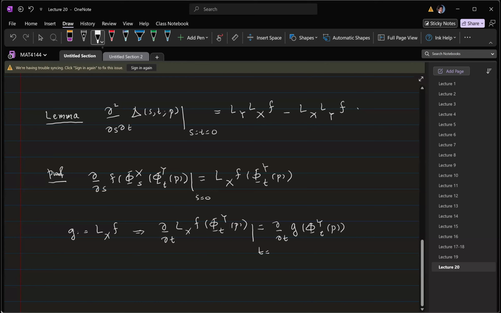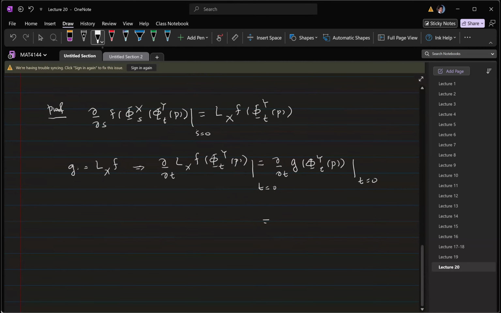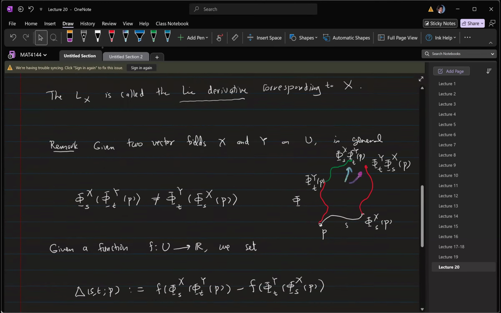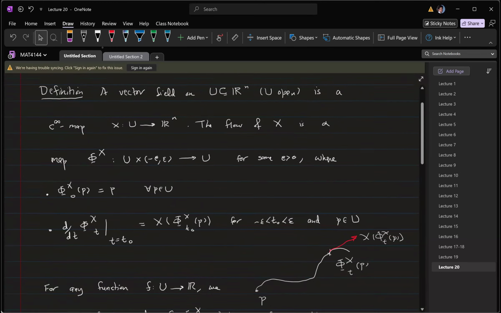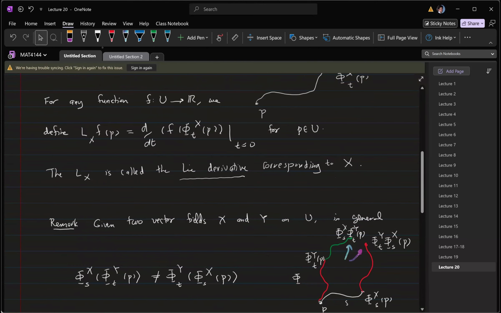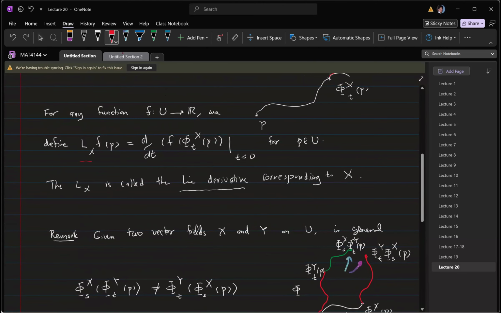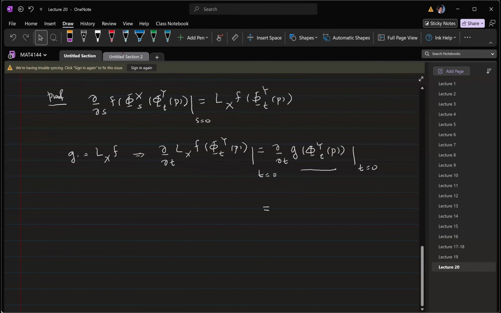And note that I'm doing this at 0, right? So what I see on the right-hand side again is just the Lie derivative with respect to y of g. Just look at the definition. Replacing f by g and x by y, I get this last.